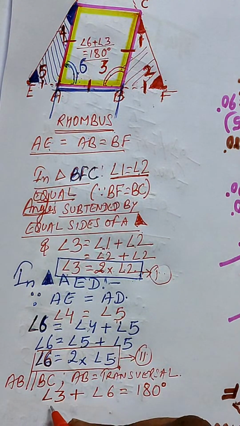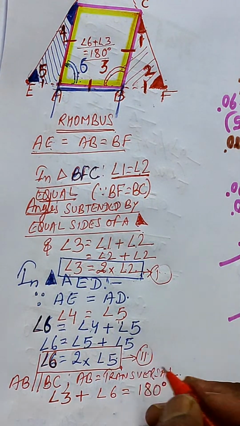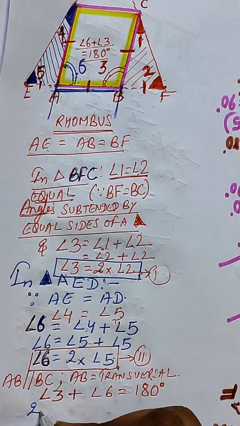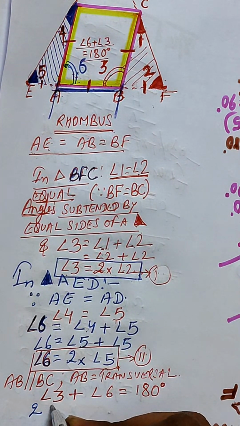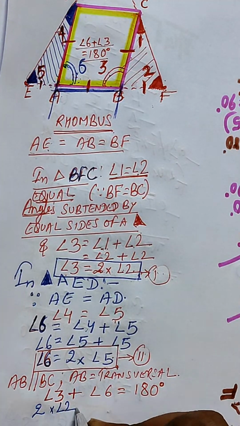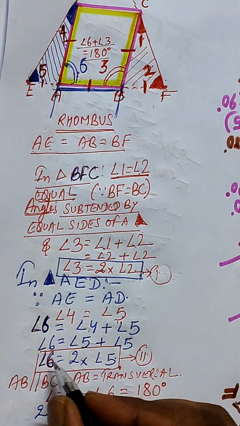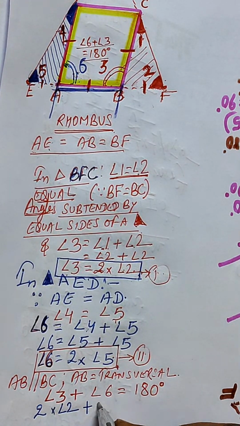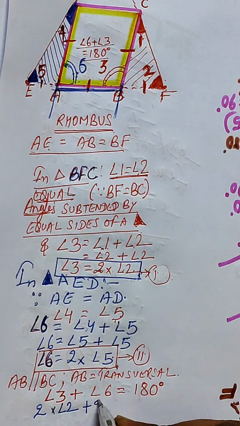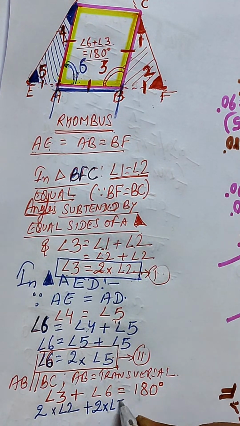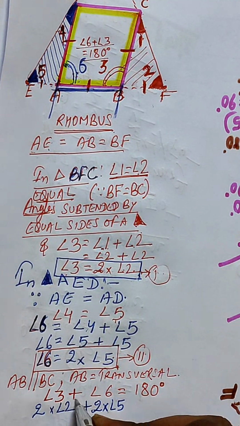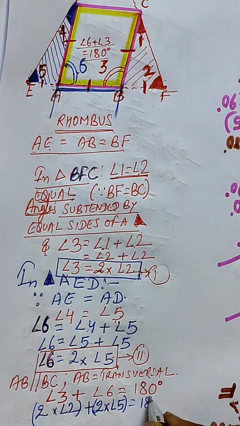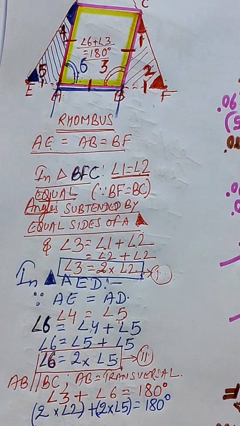So using equation 1 and 2, in place of angle 3, we can write 2 times angle 2, and in place of angle 6, we can write 2 times angle 5 using equation number 2, and both of these will add up to 180 degrees, right?